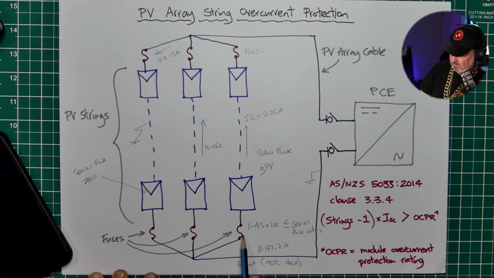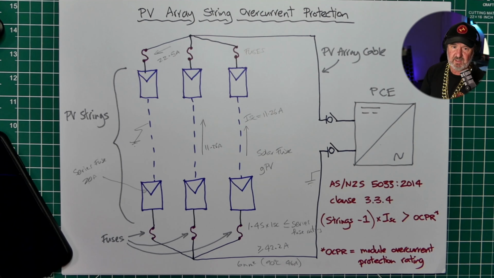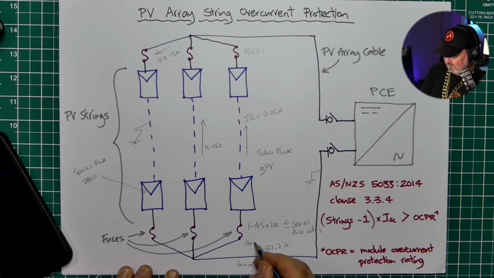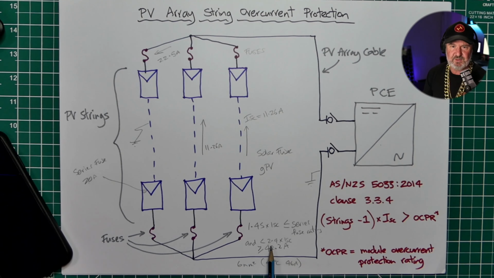So that means 1.45 times 11.26, but less than 20. So that's the range. And it does give you one more condition, which is: and less than 2.4 times ISC. In most practical circumstances, you never get to 2.4 times ISC because the series fuse rating is less. But there you go, those are the three conditions that you need to meet.